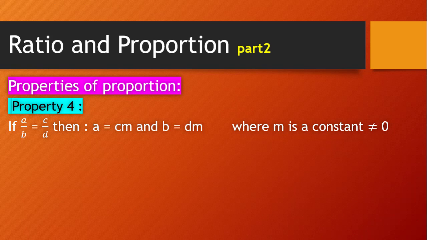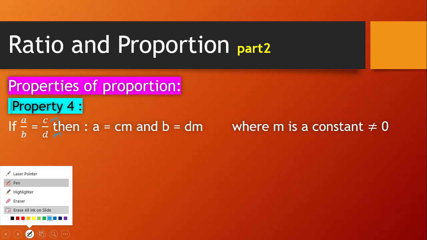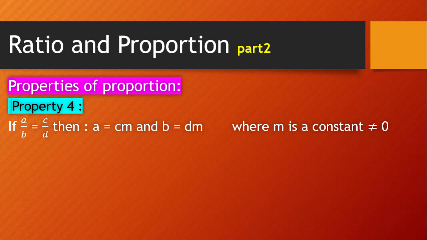It means I multiply here by m and here by m, any constant. We can use this property also for proving. m is a constant, but m doesn't equal 0.